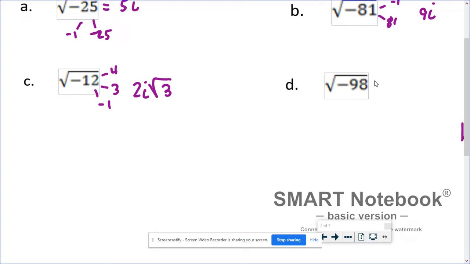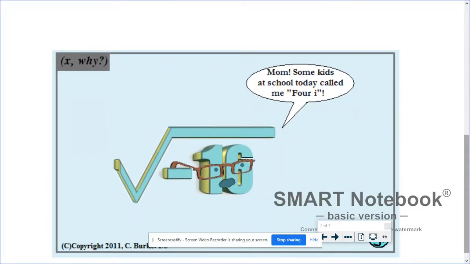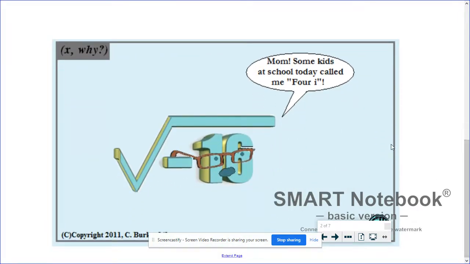Square root of -98. 98 is not a square, but it has a square factor, which is 49. So the 49 comes out as 7. The -1 comes out as i. The 2 stays. And hopefully you get it, but square root of -16, right? The square root of 16 is 4. The negative makes it i.